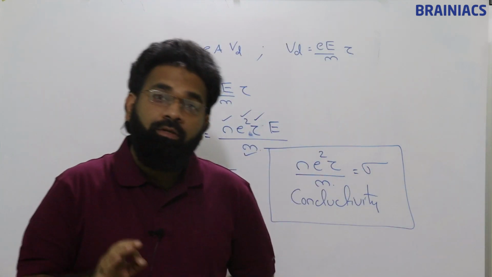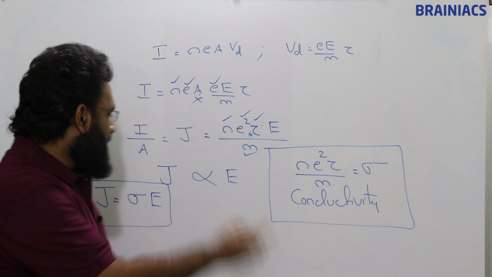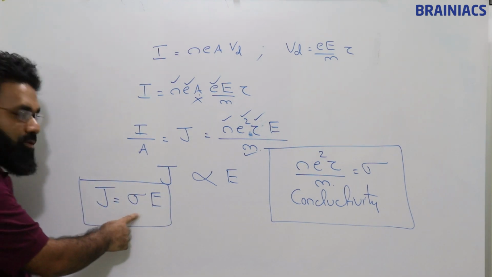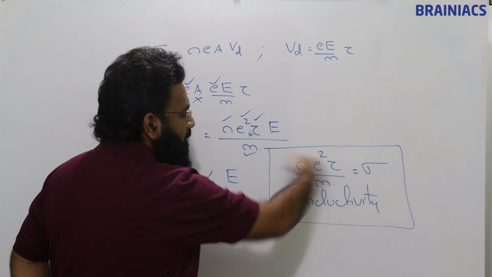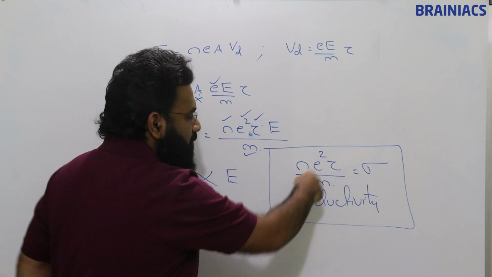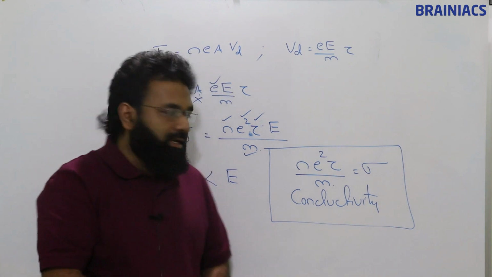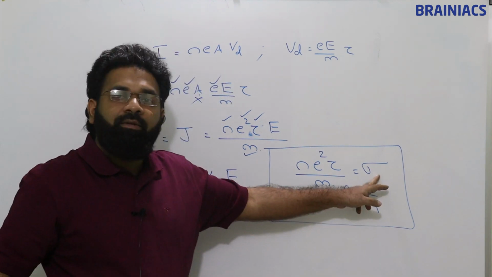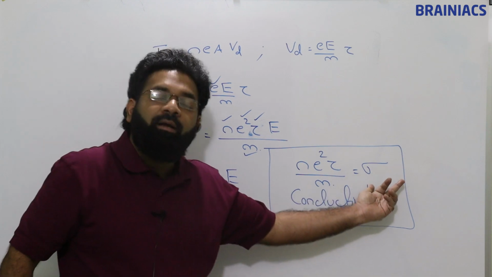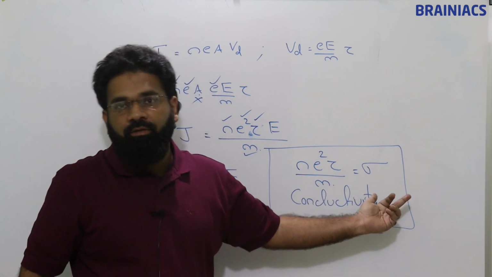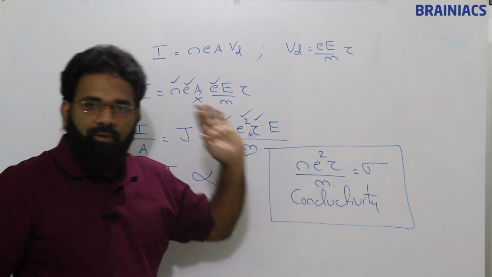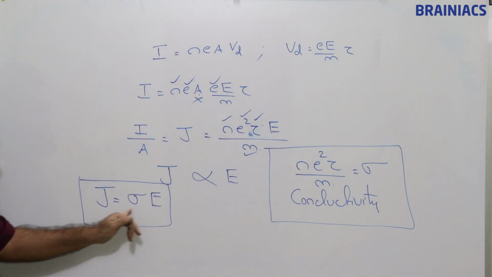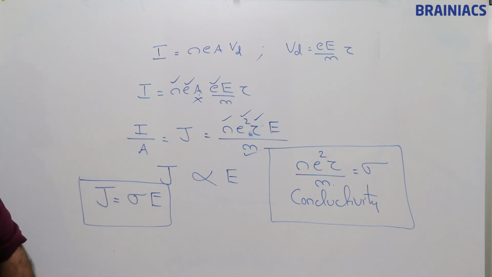By putting these values for a particular material, we will find the conductivity, and we will mark that the conductivity of steel is so and so, conductivity of iron is so and so. So current density J is equal to sigma E. Clear? Pause the screen and note it down.